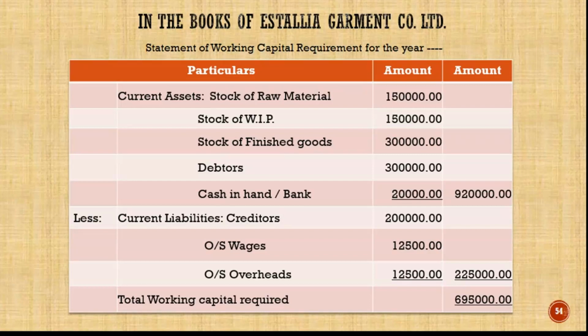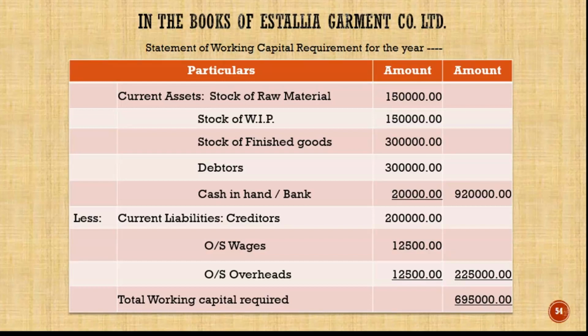Then less current liabilities. The current liabilities are given in this particular example. Creditors, outstanding wages, outstanding overhead. And the total of all these three components carried to outer column, the amount is 2,25,000.